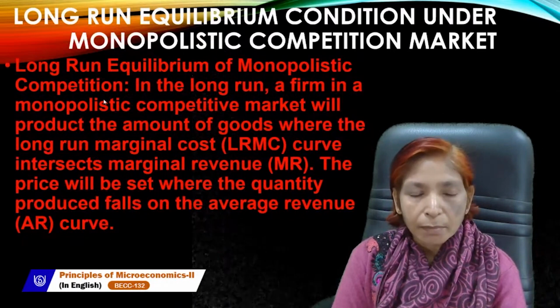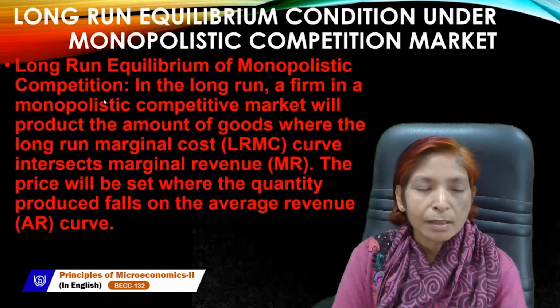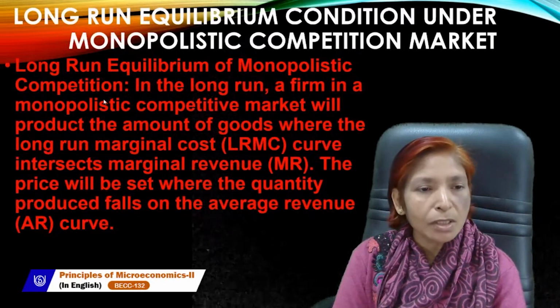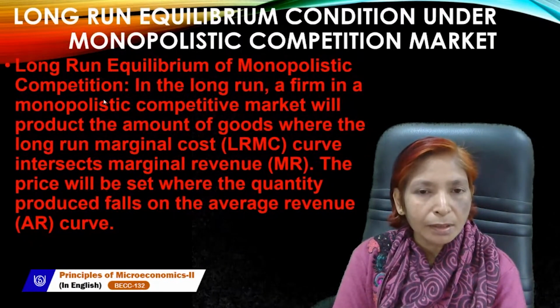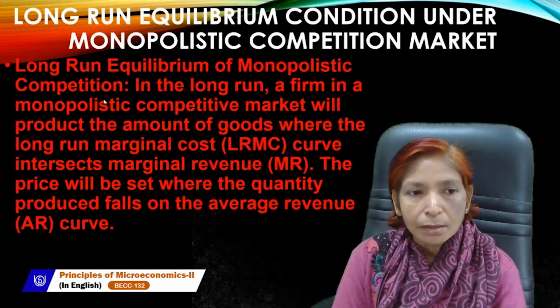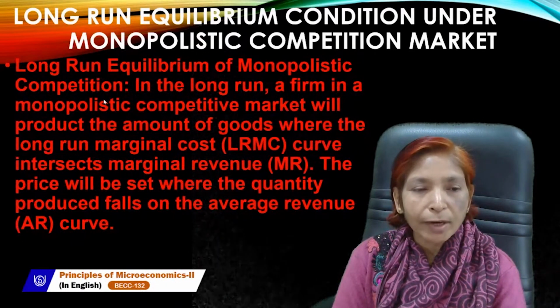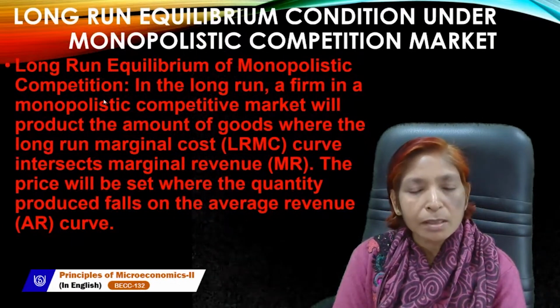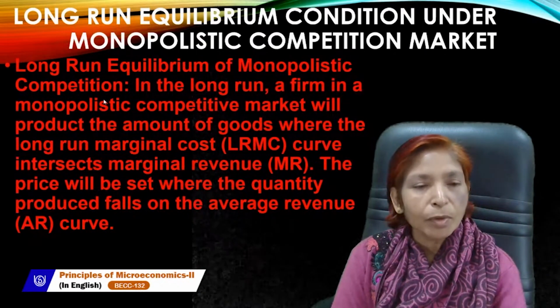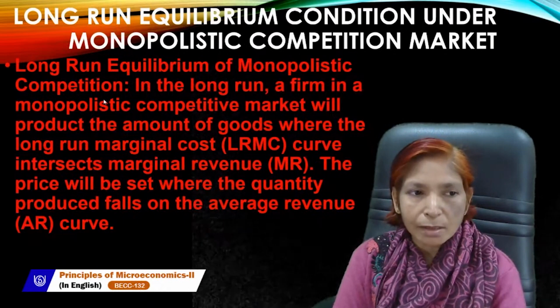Second is the short run, in which some factors remain constant and some factors are variable, and only variable factors you can change to increase the output level. And third is the long run, the time period in which all the factors of production are variable. You can easily change the factors of production and the output level also.